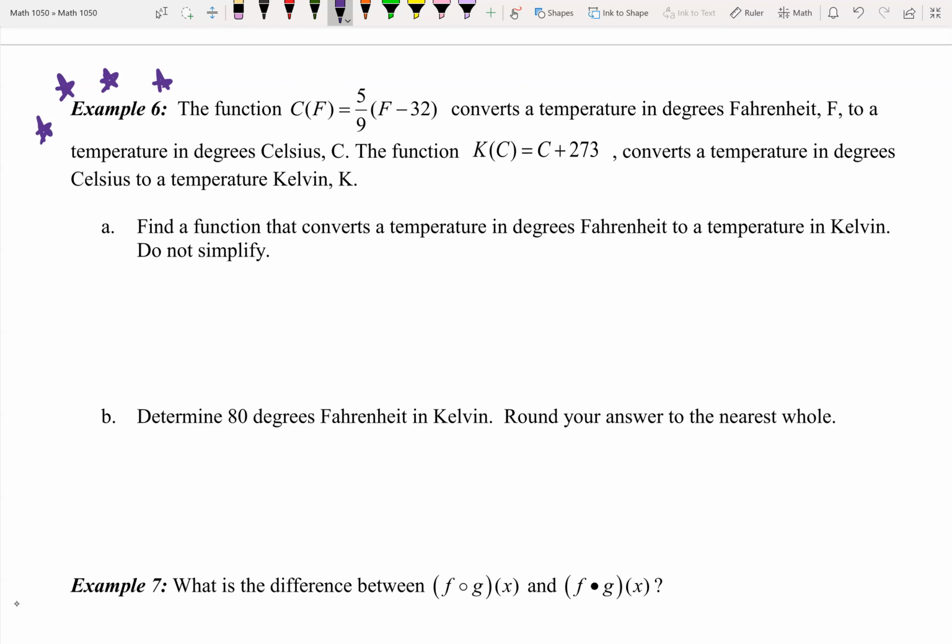Okay, the function c of f is equal to this equation, takes a Fahrenheit and turns it into a Celsius. The next equation takes a Celsius and turns it into a Kelvins. So read the question. Find a function that converts Fahrenheit into Kelvins. So here's what we want, guys.